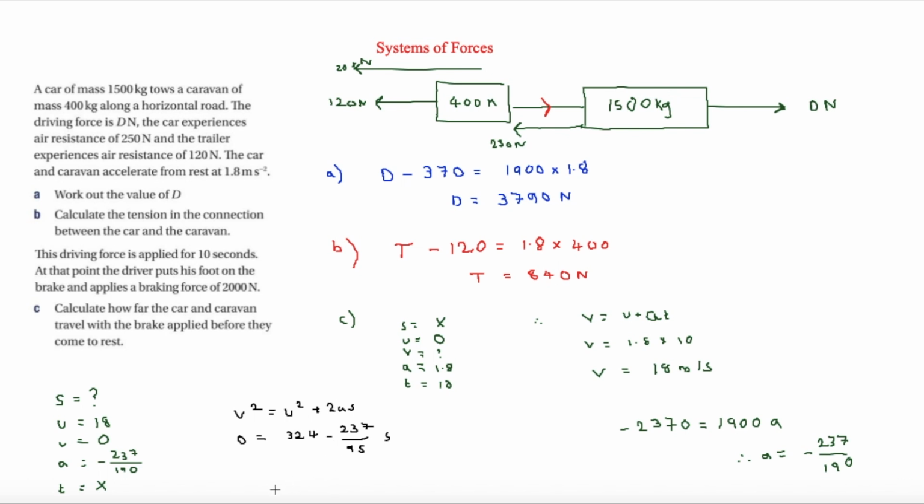So therefore 324 is equal to 237 over 95 S. To get S, the displacement, we're going to do 324 divided by 237 over 95, which means that S is going to be equal to, to two significant figures, 130 meters. And that is our answer to that one.